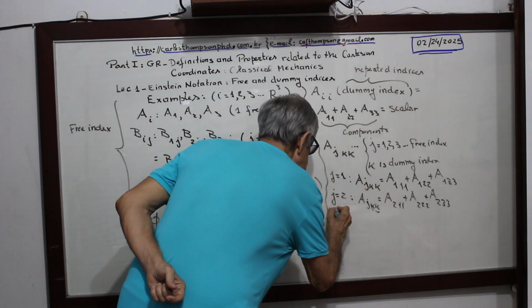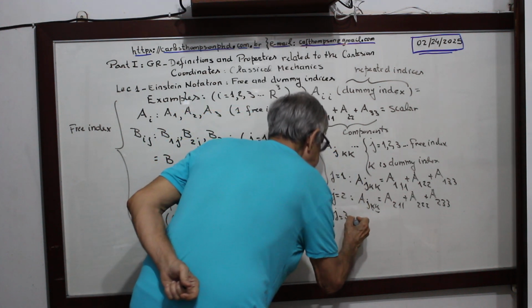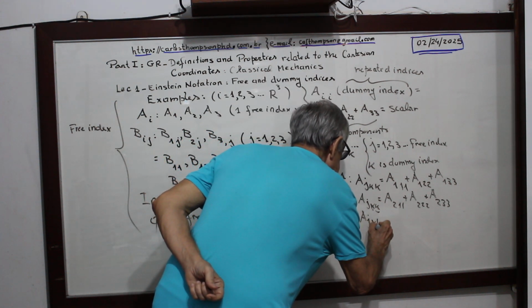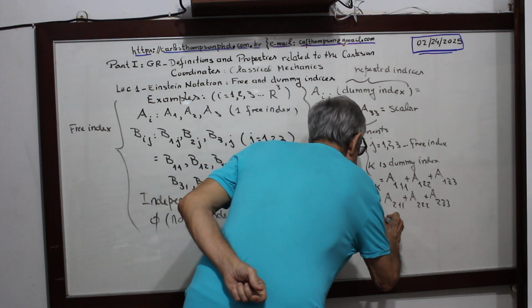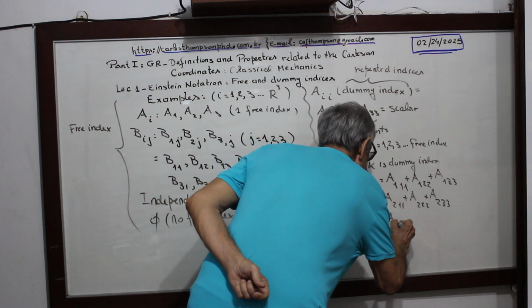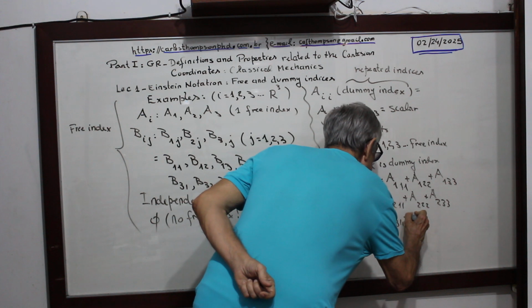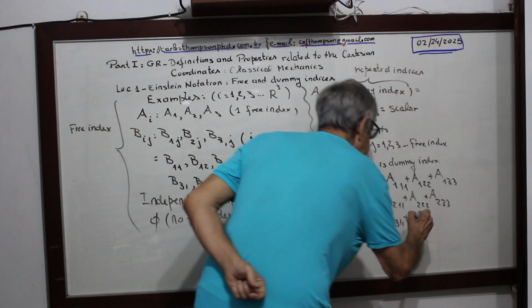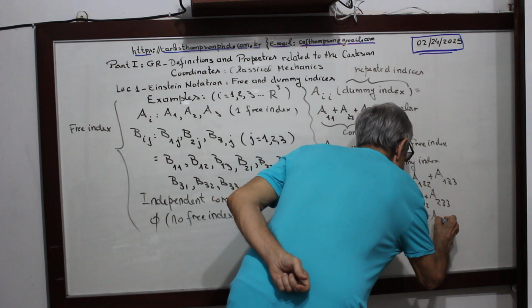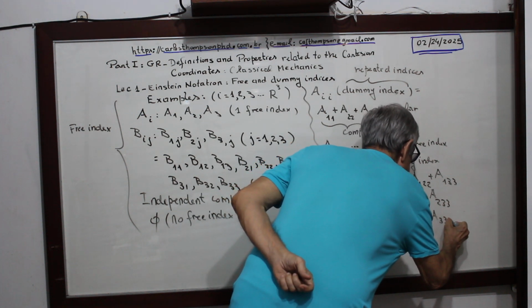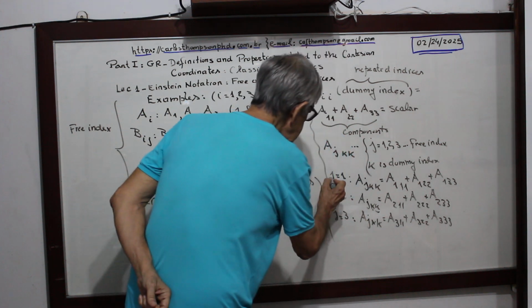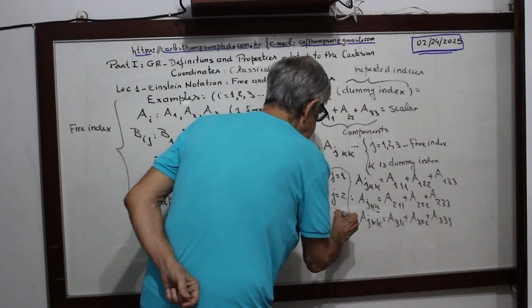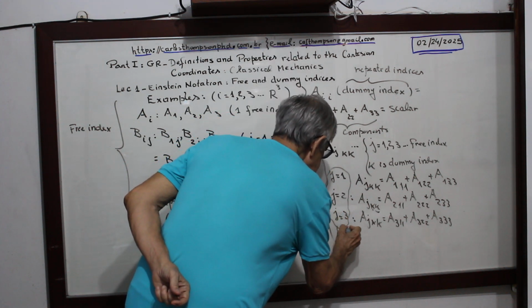Now, j is equal 3. Then A_jkk is equal A_311 plus A_322 plus A_333. You see, this here is a free index. This is independent.